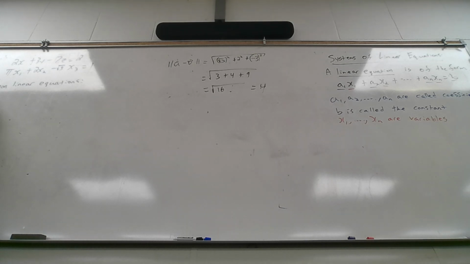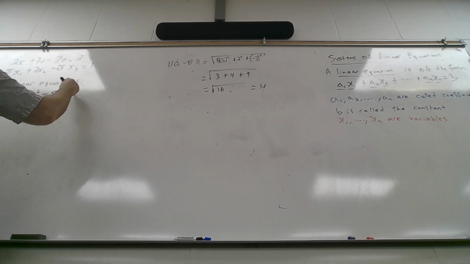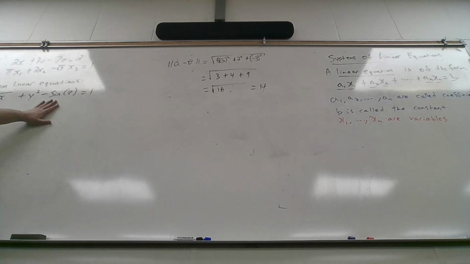So if you had something like 3 times the square root of x plus y squared, again, curve, minus sine of z equals 1. All of these are nonlinear things: square rooting the variable, squaring the variable, taking the sine of a variable. Not linear. Another example that would make things nonlinear is a variable times a variable. That's a situation where it's nonlinear.